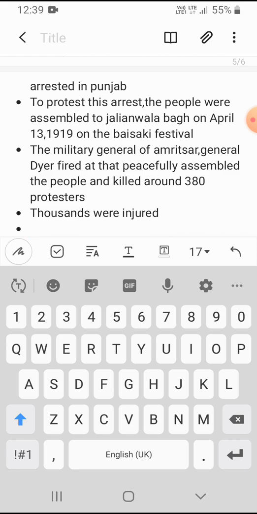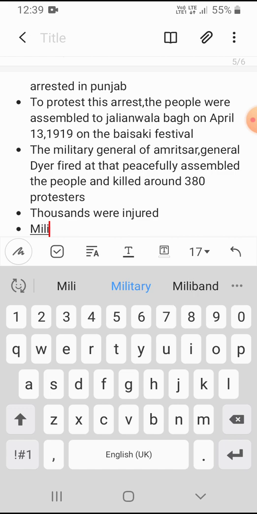After this incident, military rule was implemented in Punjab.